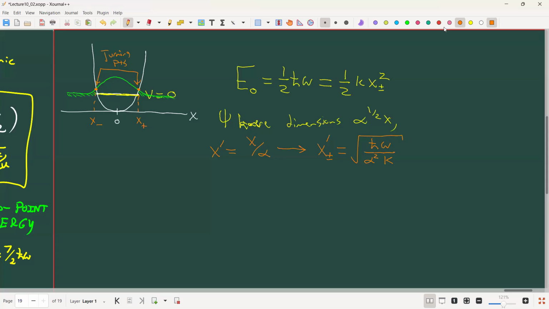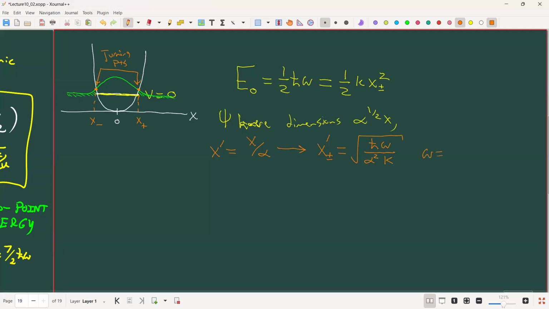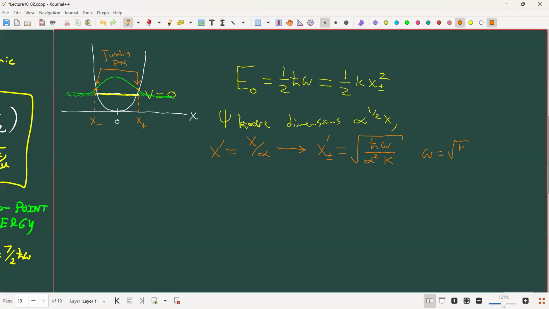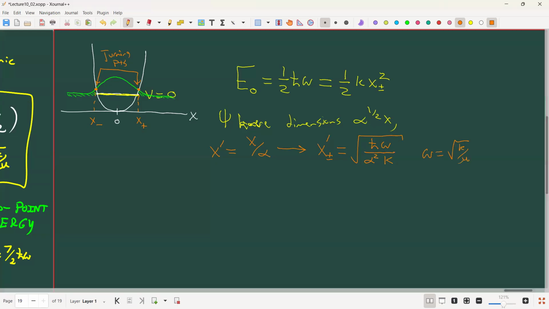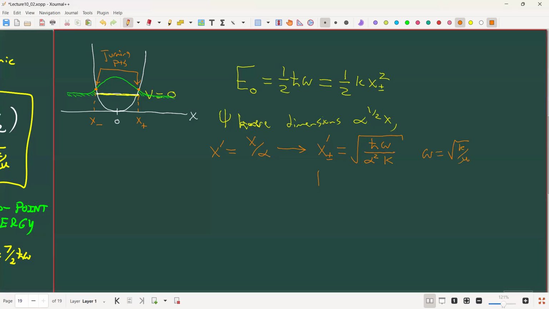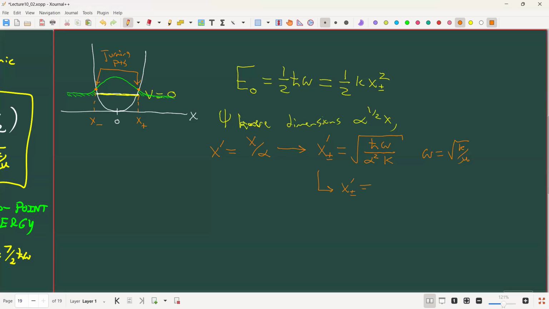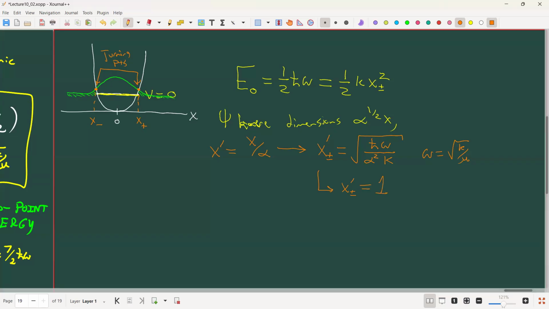Then we have that omega is equal to the square root of k over mu, so we can plug that into this equation, and we get that x prime plus or minus is equal to 1 in these units, for v equals 0.